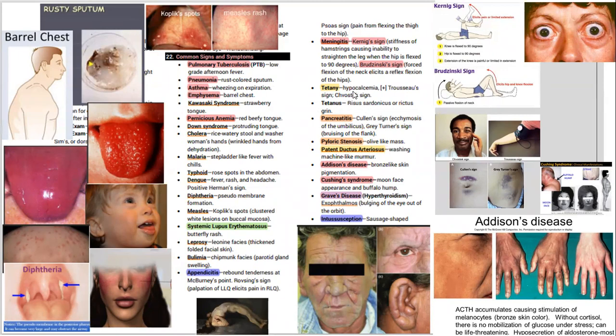So if the calcium level goes down, the patient develops tetany. If a patient has tetany, we see two signs supposed to be positive. One is called the Chvostek sign, like this, and Trousseau's sign.